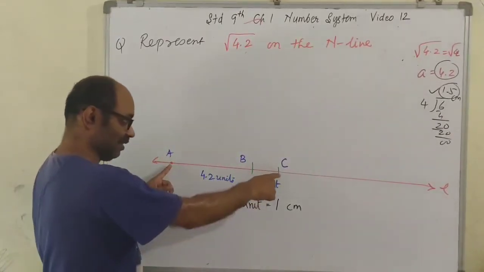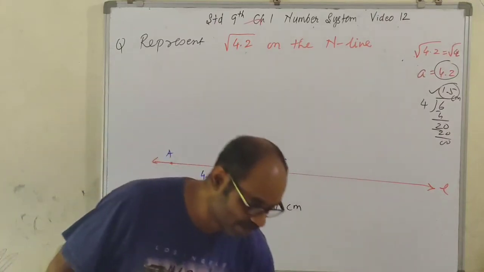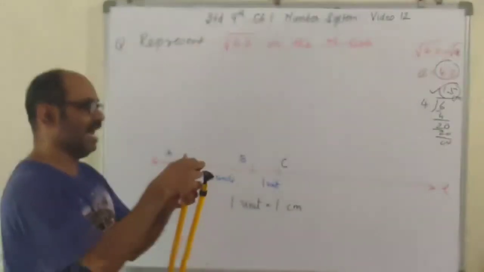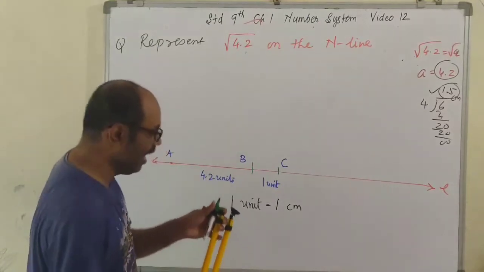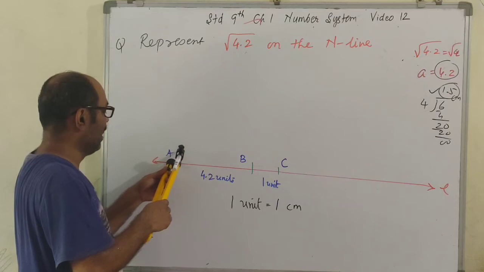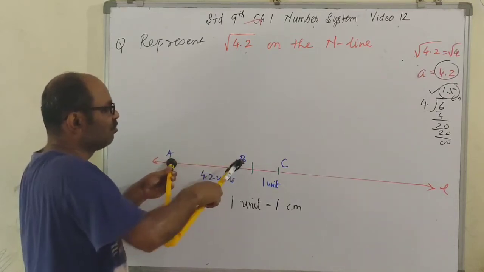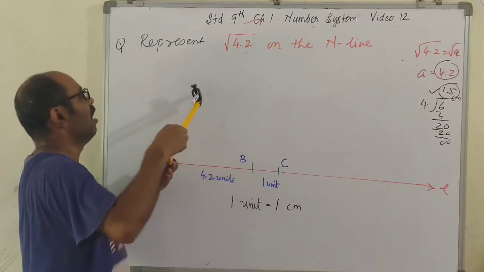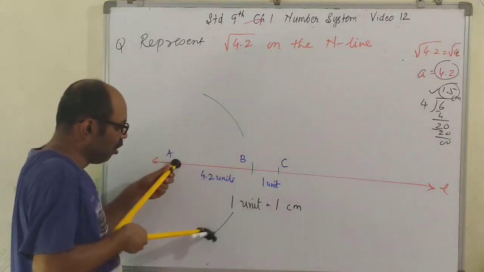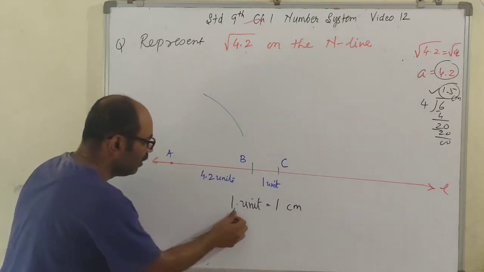Now you got the largest line segment AC. You have to get its midpoint. You have to draw the perpendicular bisector. For that again I need a rounder. Correct? First I'll take center A and radius. The midpoint will come somewhere here, so a radius more than that. Above the line, below the line.